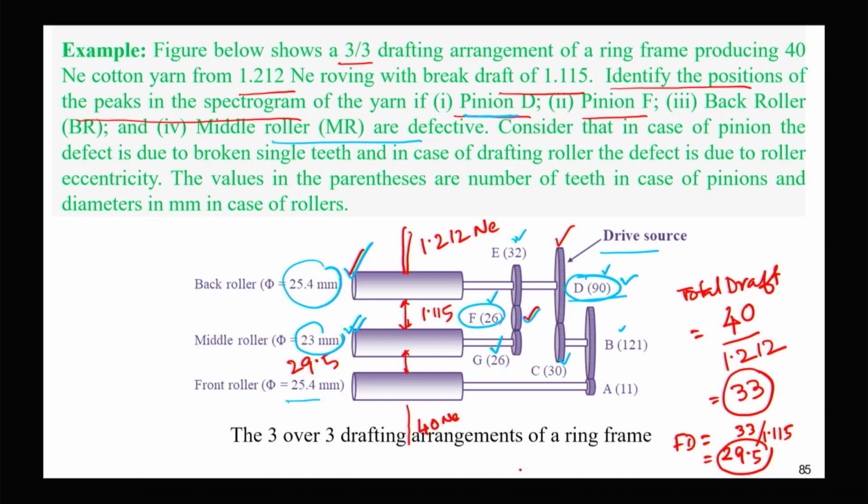So one revolution of pinion D will result in 90/30, 3 rotations. B and C are connected on the same shaft, so B will also rotate 3 times.